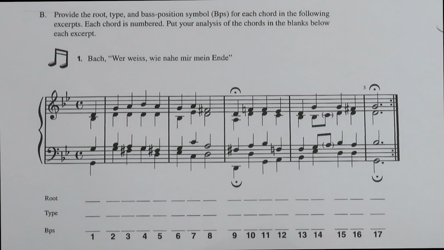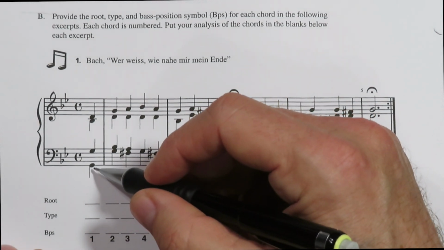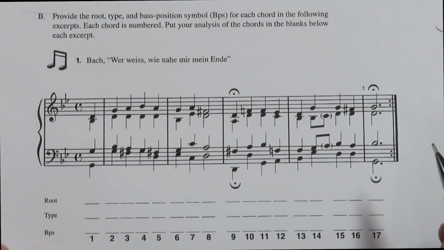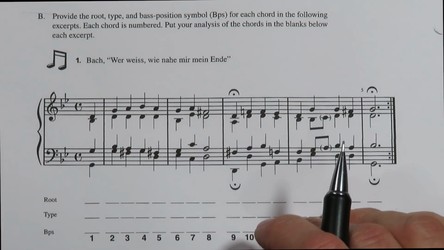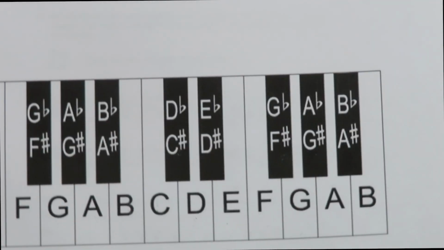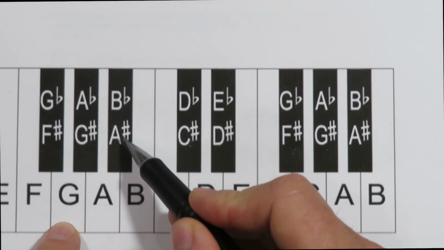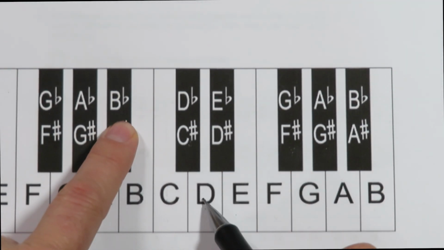So here we go. Let's look at the first chord. We have G, G, B flat, and D. So G, B flat, D. G to B flat is a minor 3rd, B flat to D a major 3rd.